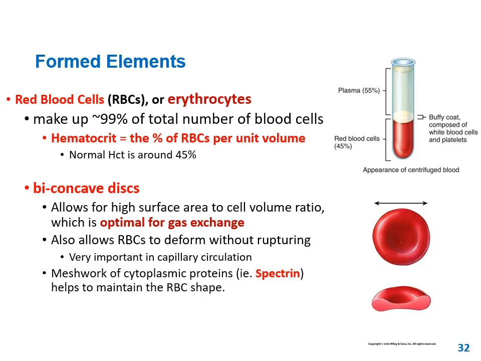Put the blood in the tube, spin it down, and you're going to have a bottom part that is made up of your red blood cells. Now, when you look at the proportion of your red blood cells to the whole blood, you can calculate the hematocrit number. This is the percentage of red blood cells per unit of the blood.